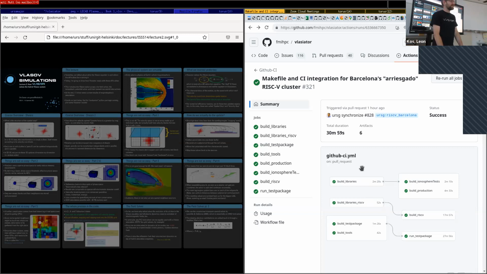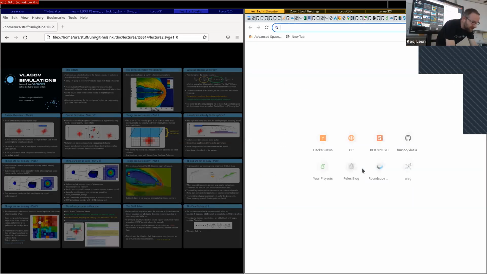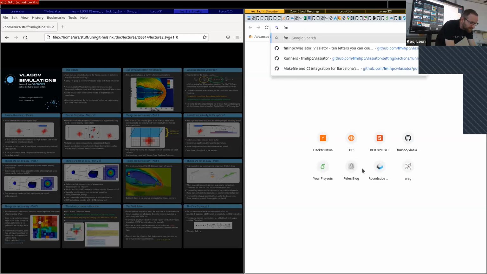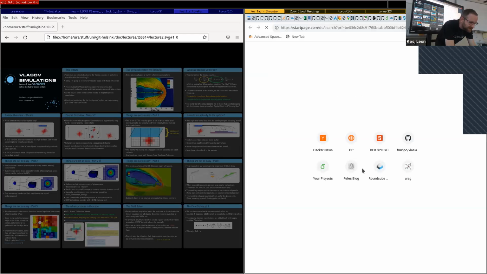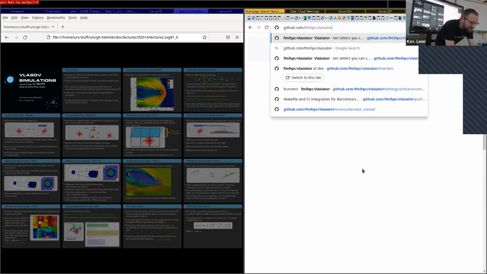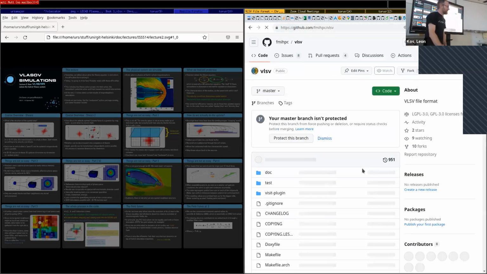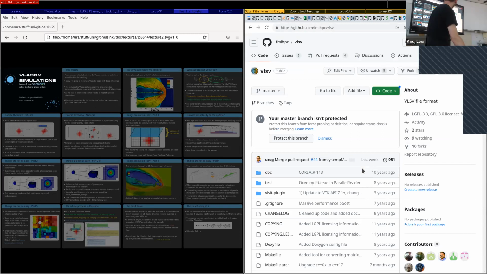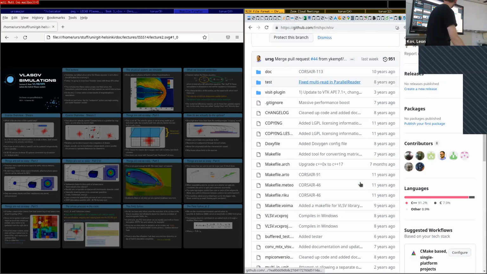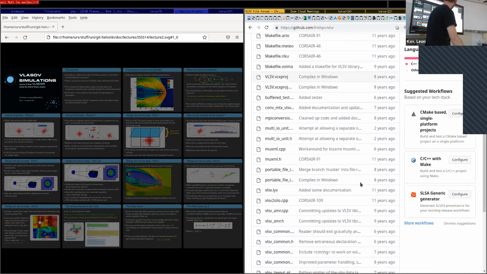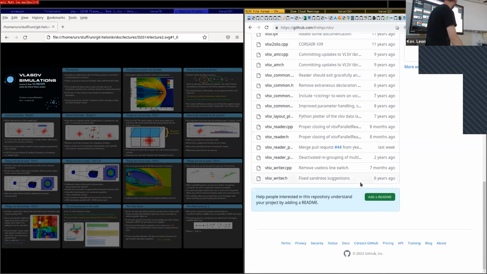Thank you. Which visualization library do you use? Since we use our own platform on this, VLSV, our master branch's project, this VLSV format, is basically just a thin wrapper around MPI-IO.